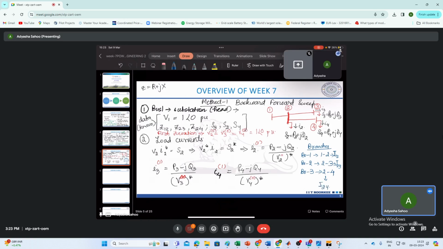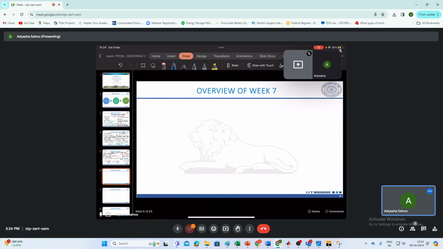So if we apply simply the KCL here, let us move to the next slide and let me then draw it for you. So this was bus 1, 2, 3, and 4.